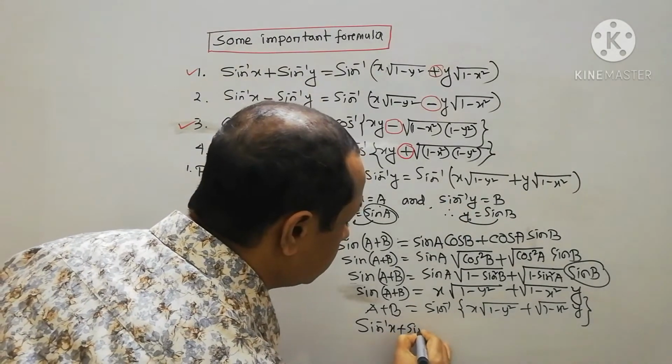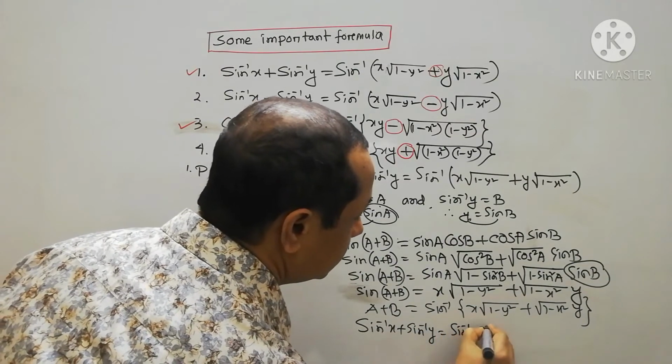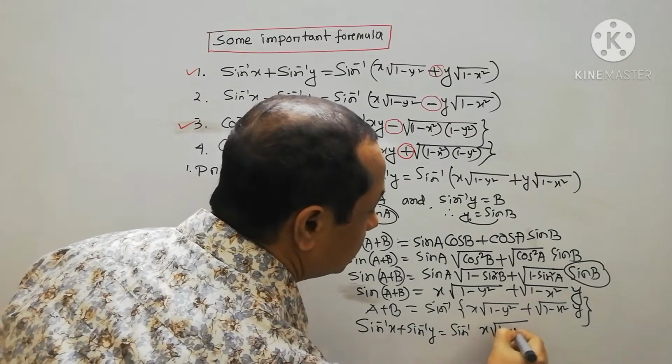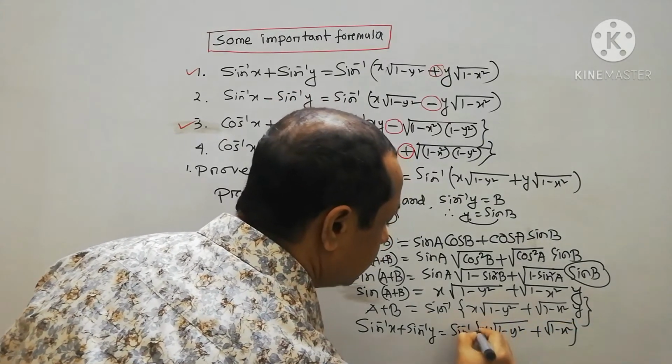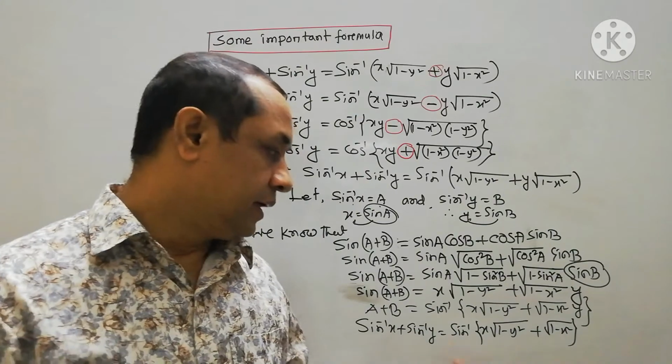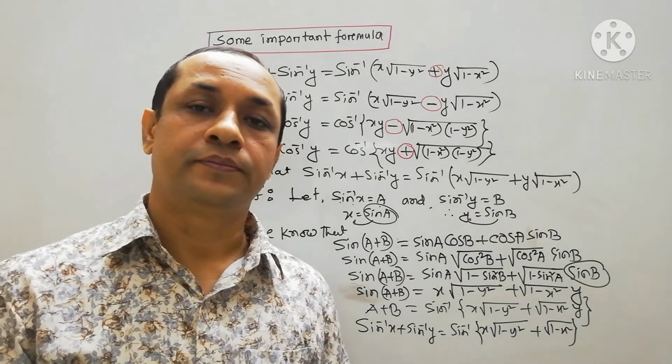So sin inverse x plus sin inverse y equals sin inverse of x root over 1 minus y square plus y root over 1 minus x square. Hence proved. I hope you are clear, students.